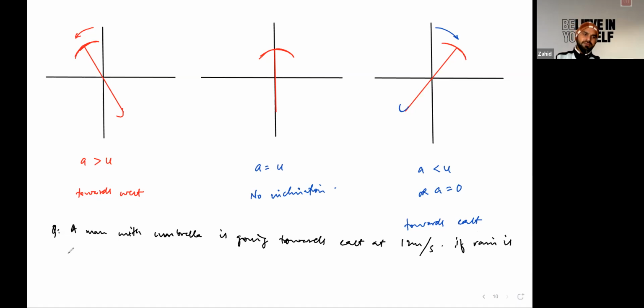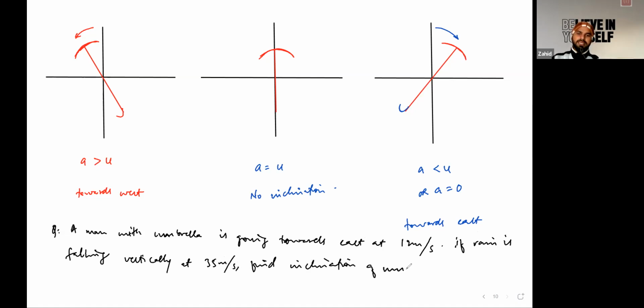If rain is falling vertically at 35 meters per second, find the inclination of the umbrella he should hold in order to save himself.